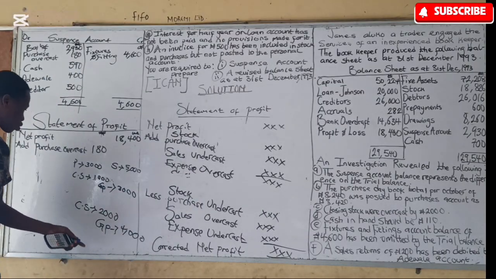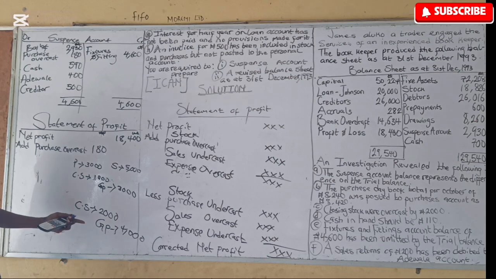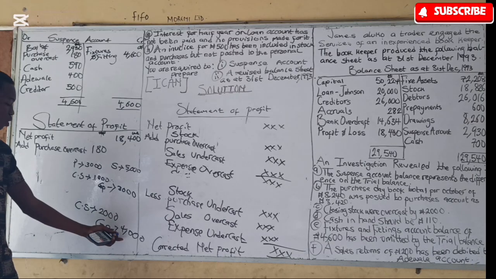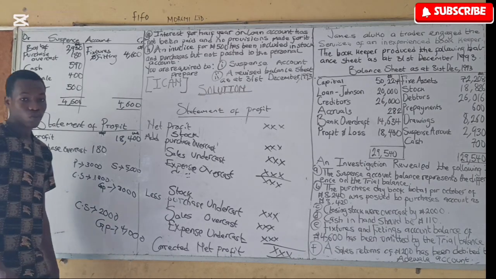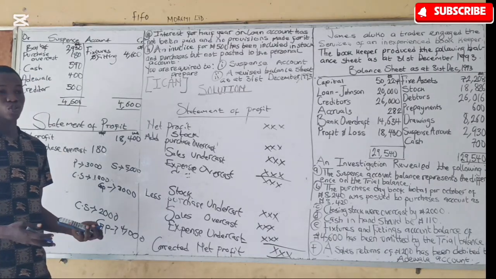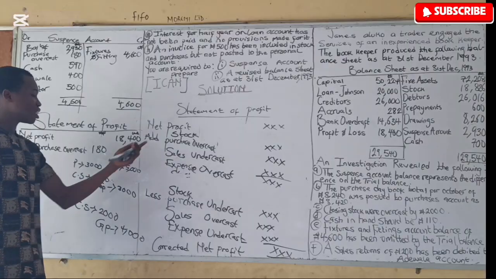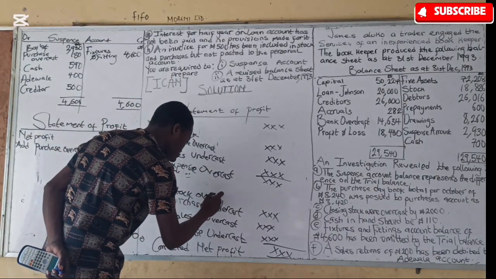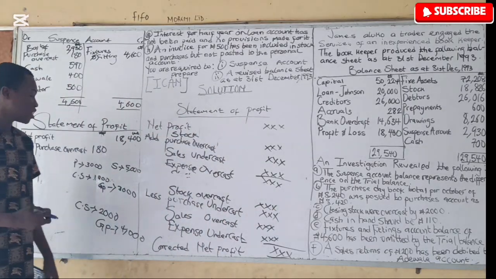Now, is this stock overcast or undercast? This 1,000 is representing undercast, while this 2,000 is representing overcast. When you overcast the stock, what happens is that the gross profit increases. When the gross profit increases, it means the net profit increases, right? So when the net profit increases, we need to reduce it. So to reduce it, we will subtract it from the net profit, which simply means that for stock overcast, you are going to deduct it.